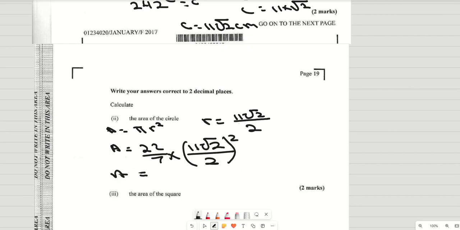So your area is 22/7 multiplied by 11 root 2 over 2, all squared. Put it in your calculator and you will get 190.07 centimeters squared. That would be the answer for this part.